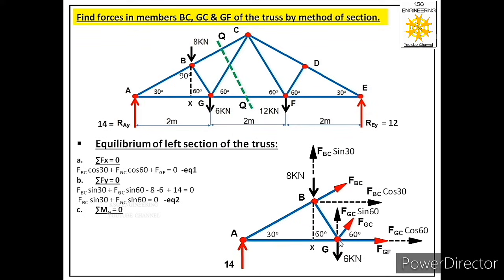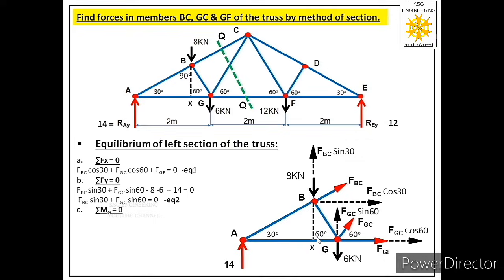Then we will observe moment because of this component FBC cos 30 about joint G. It will generate a clockwise moment, so we have to consider this as negative. Its magnitude will be minus FBC cos 30 into Bx, this distance, this is 0.866.